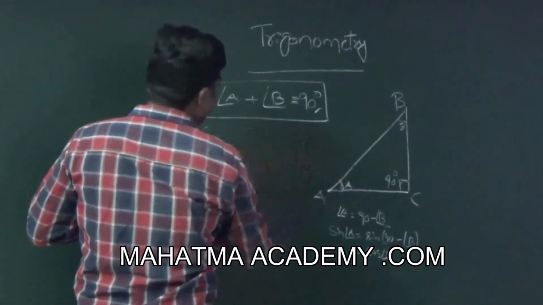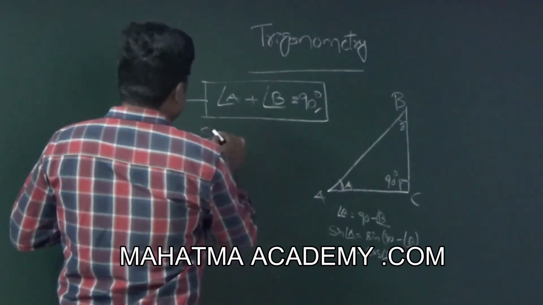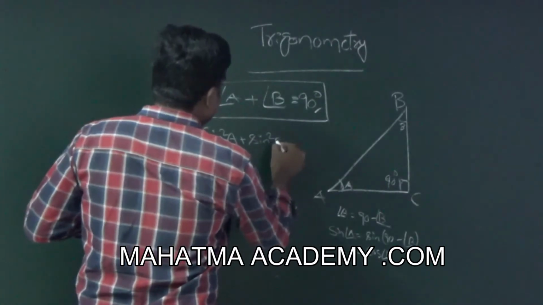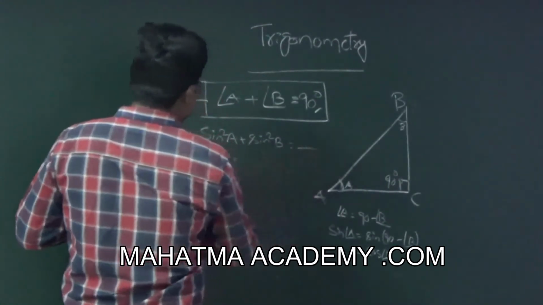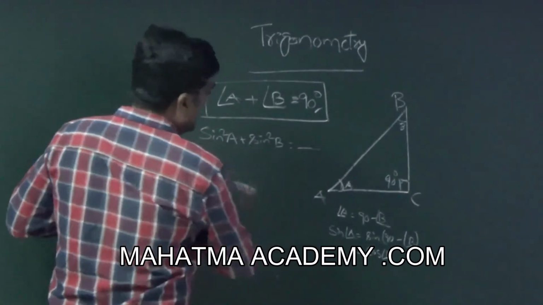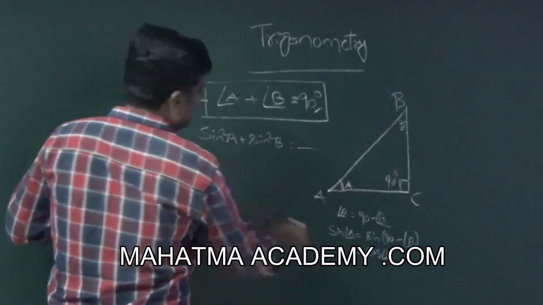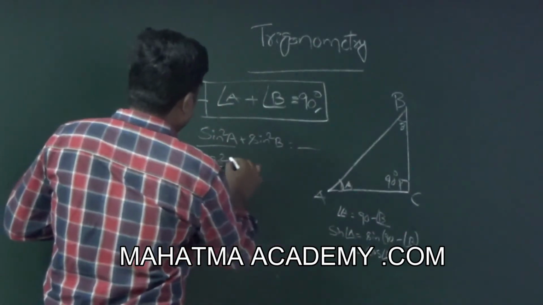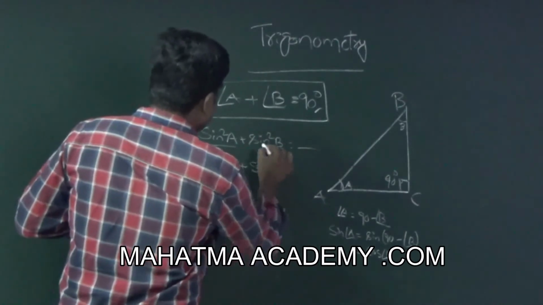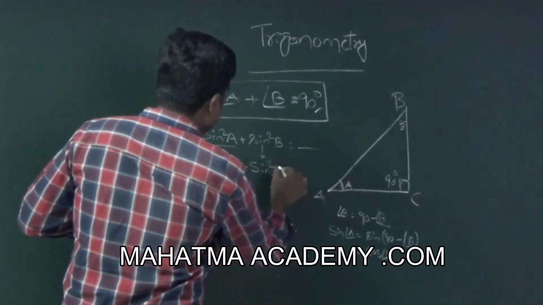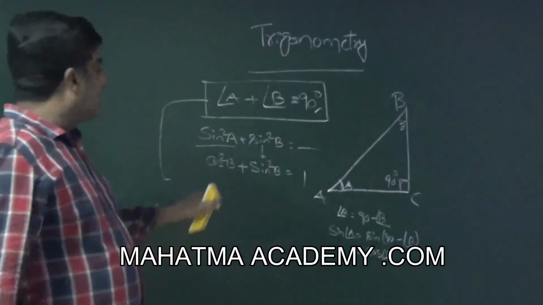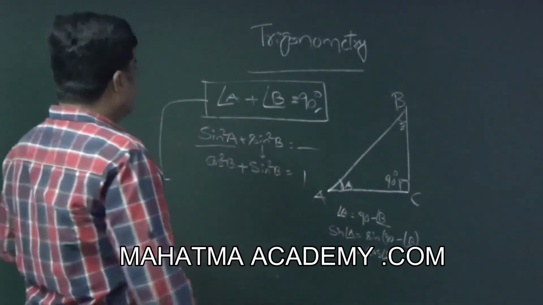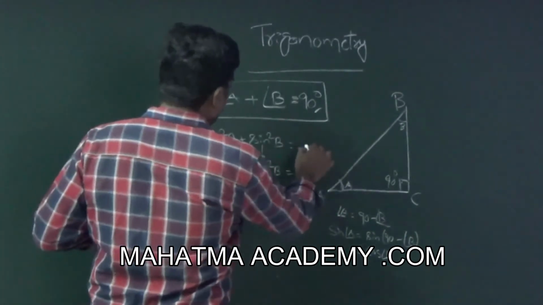Sin square A plus sin square B equals what? We already know sin A equal to cos B. Therefore sin square A equal to cos square B, plus sin square B, which equals 1, since cos square theta plus sin square theta equal to 1. So sin square A plus sin square B equal to 1.